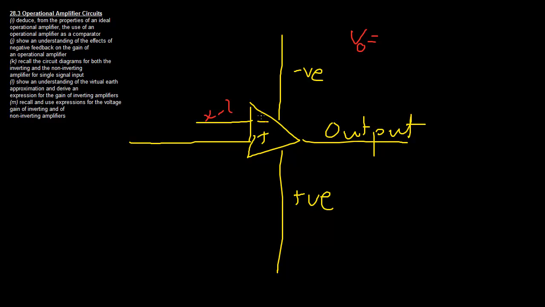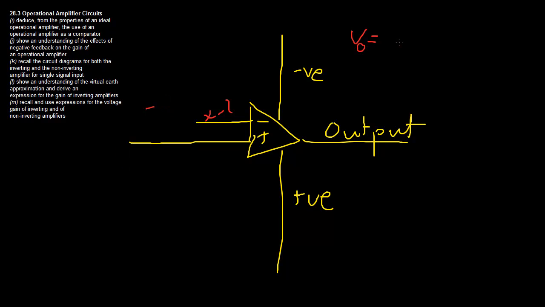So it just takes a summation of these two voltages. If this was -2 and this was 3, it multiplies -2 by -1, making it 2 volts in here, and then it takes the 3 volts from here. It kind of multiplies them like a little computer, and then it outputs 5 times the gain, which we call A naught.